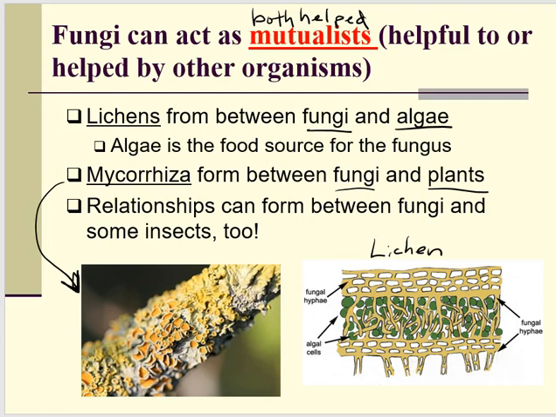When insects land on it, do they want to eat that? No. They can't get to the plant because of the fungus growing on the plant. So it protects the plant. The fungus gets some food source from the plant. So they both are working together. All right.